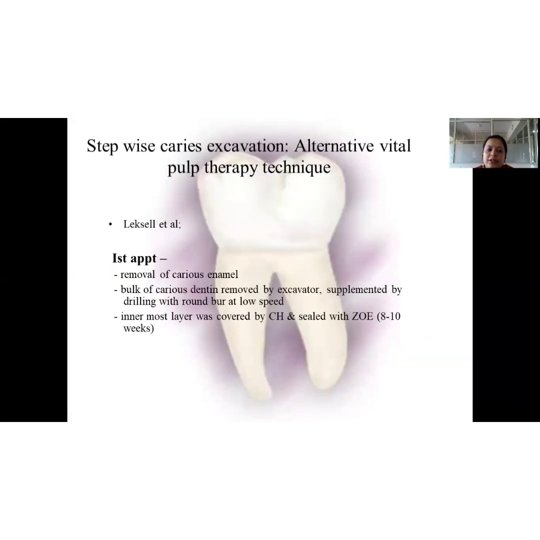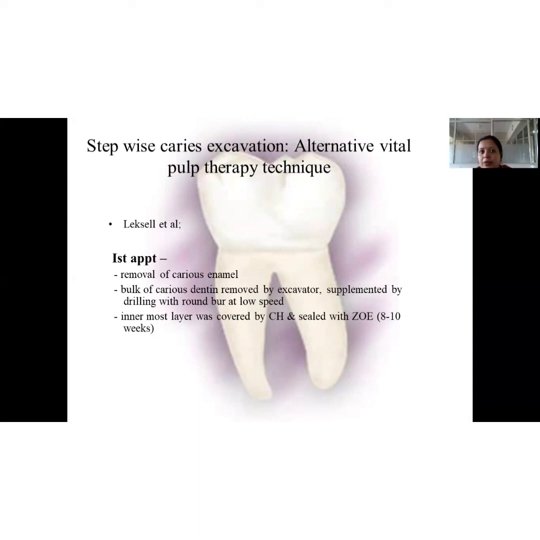So this is basically stepwise caries excavation. What we have discussed is indirect pulp capping and direct pulp capping. Again, I need to specify one basic point in pulp therapy. We should always start our classification of pulp therapies with pulp capping.